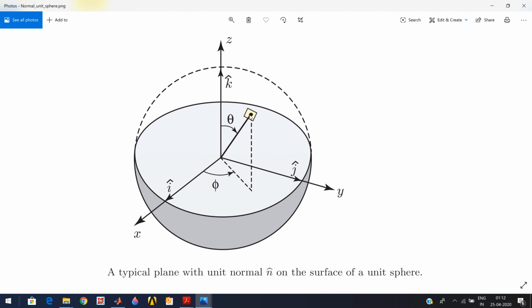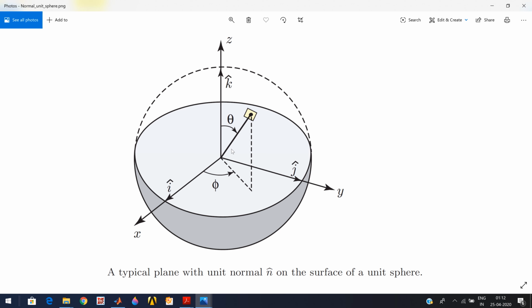So if I take all such points on the sphere, we'll possibly consider all possible planes along the 360 direction.